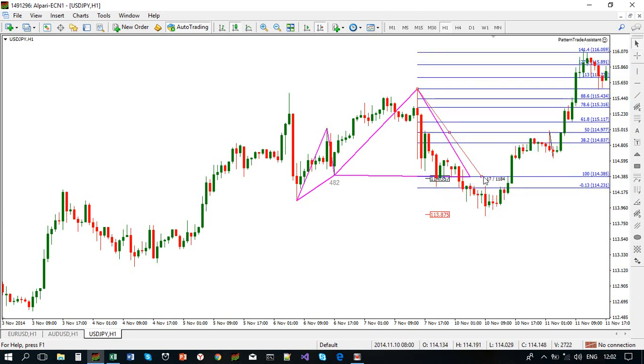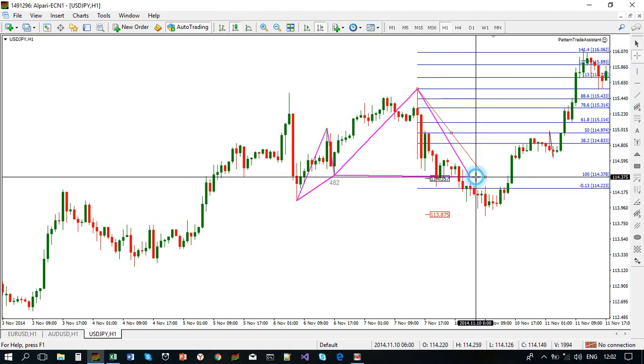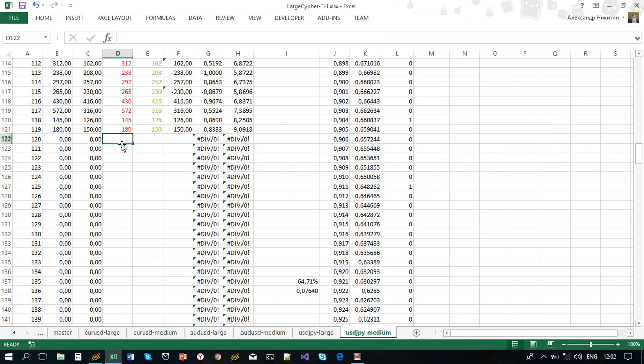Okay, so the entry is this low of triangle. 45.3 to 505, 505, 45.3, and it equals minus this because it is a stop loss.